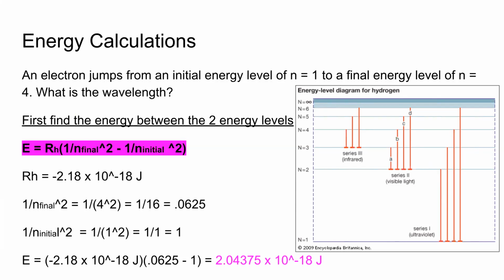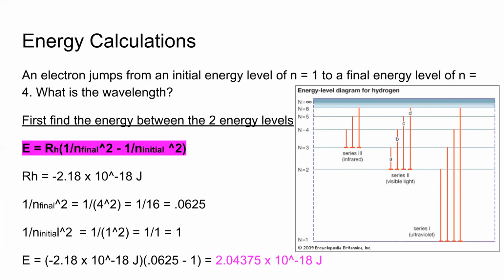In order to solve this, first we need to find the energy between the two energy levels, which is that equation right there in purple. R_H is a constant, which is that value. We know that n final, from what's stated above, is 4. So we do 1 divided by n final squared, which is 1 over 16, that value right there.